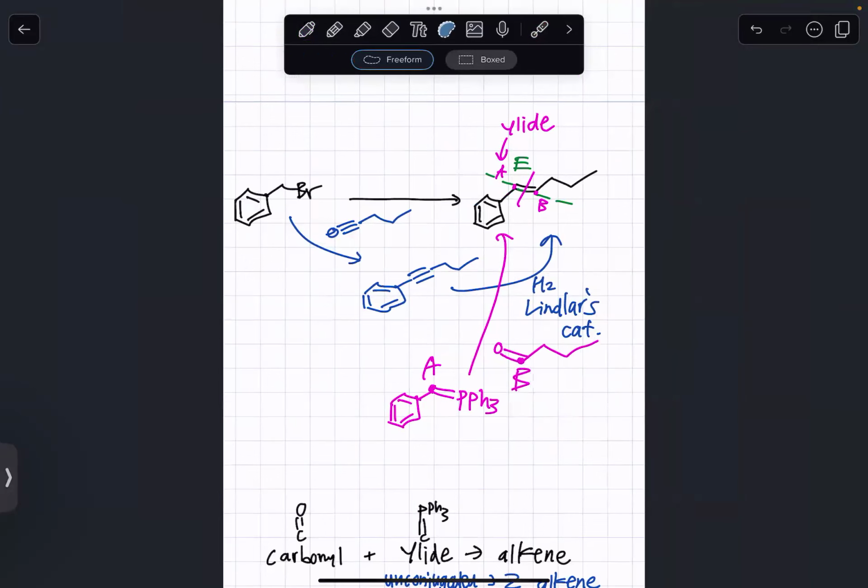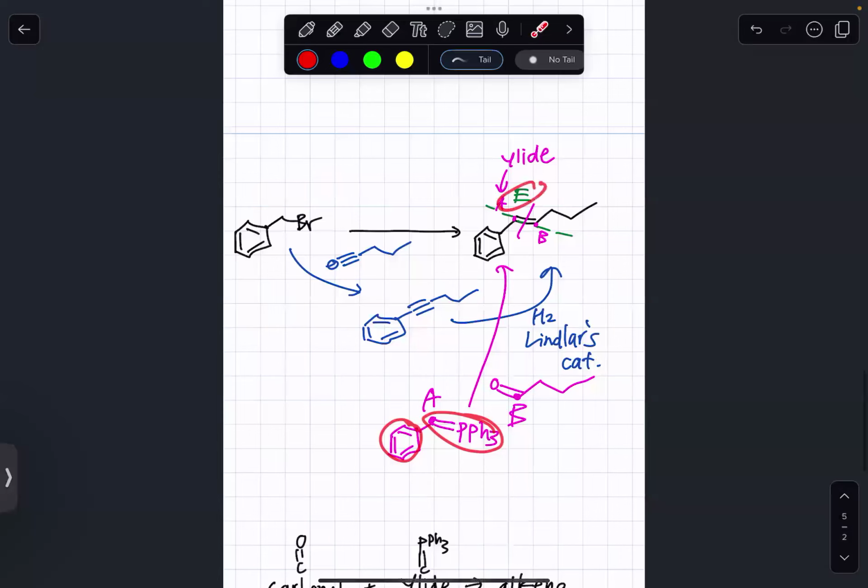And for ylide reactions, we always combine the ylide carbon and the carbonyl carbon together, and then the oxygen and phosphorus with the triphenyl goes away. The reason I made this the ylide is because I want the ylide to be conjugated to have resonance, because we want the E alkene.